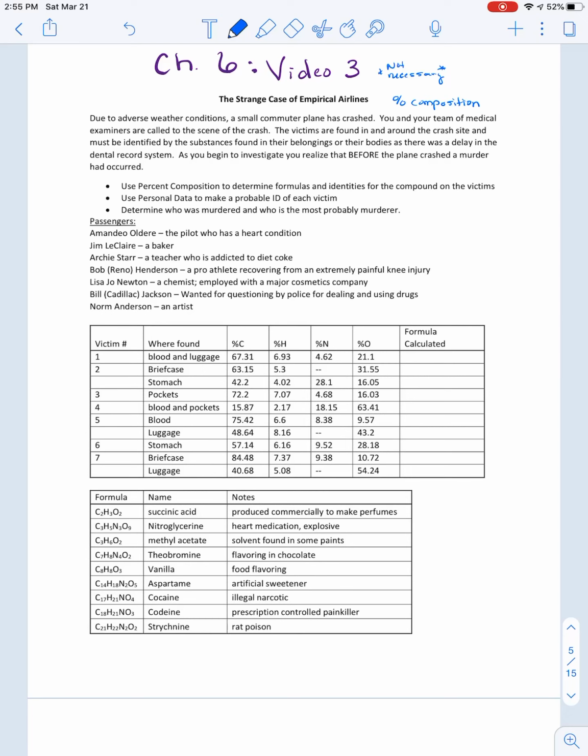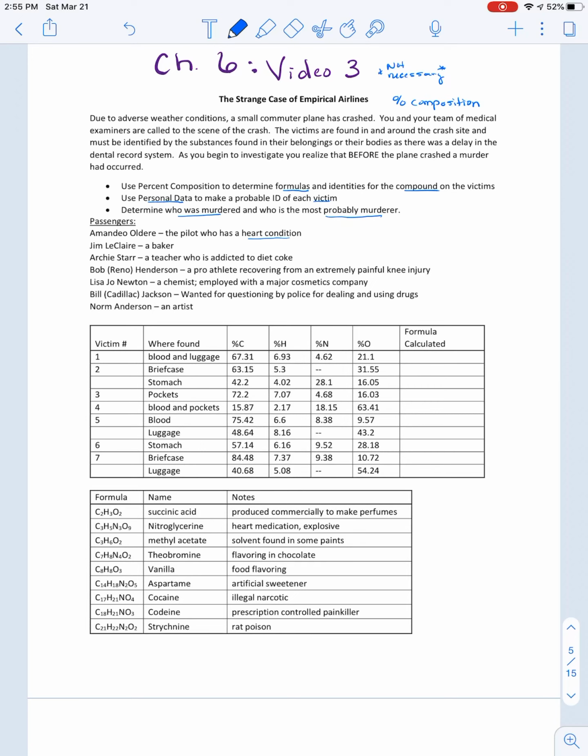As you begin to investigate, you realize that before the plane crashed, a murder had occurred. Then we have some passengers, and you're supposed to use the percent compositions to determine the formulas and identities of the compounds. Then you use the personal data to make victim IDs, and then you figure out who's murdered and who was the most probable murderer.